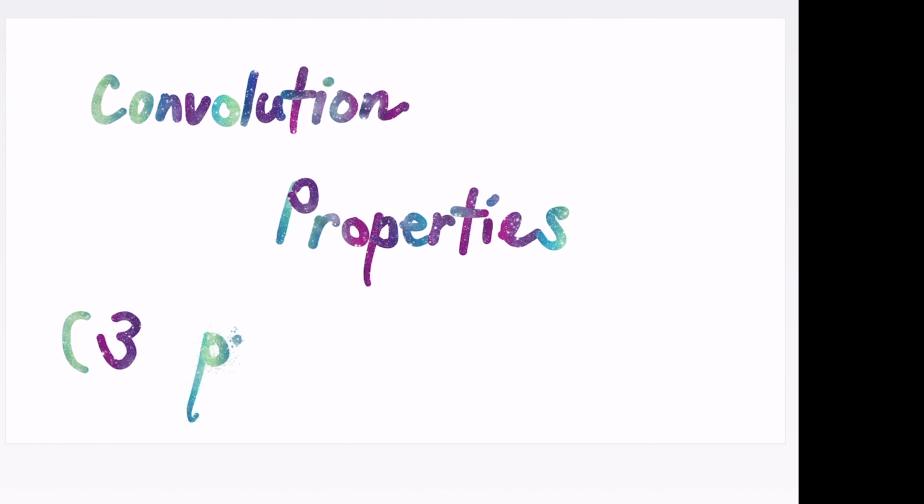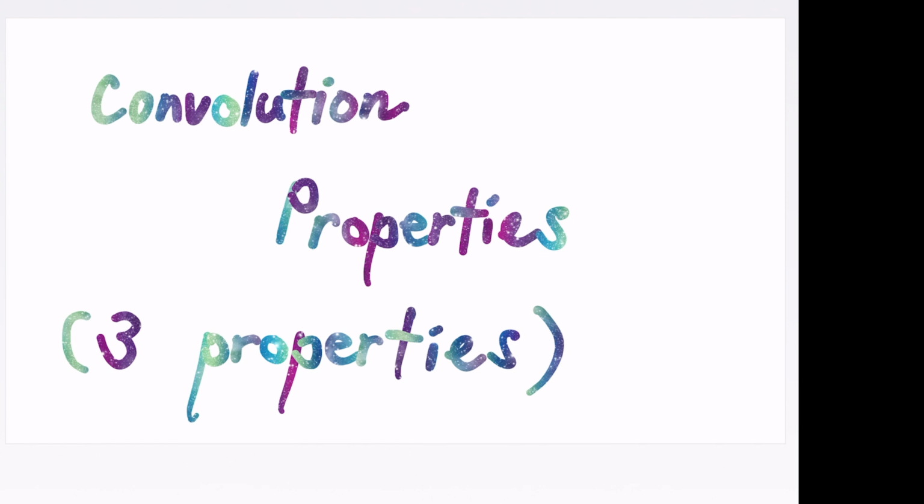The convolution has three properties. The first property of convolution is the commutative property.